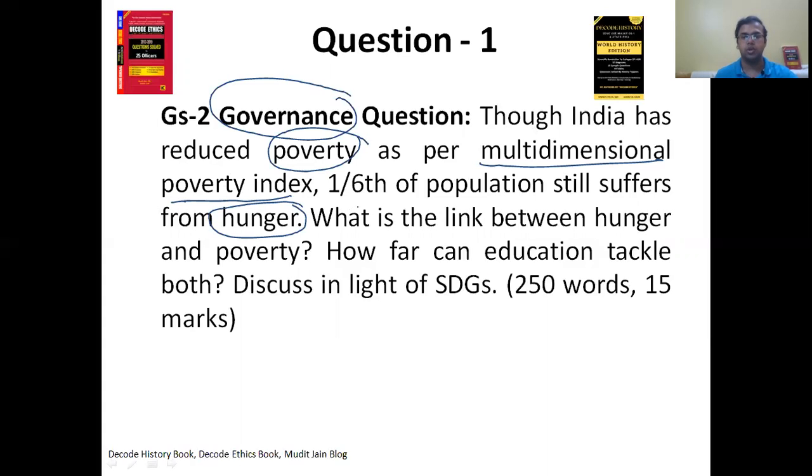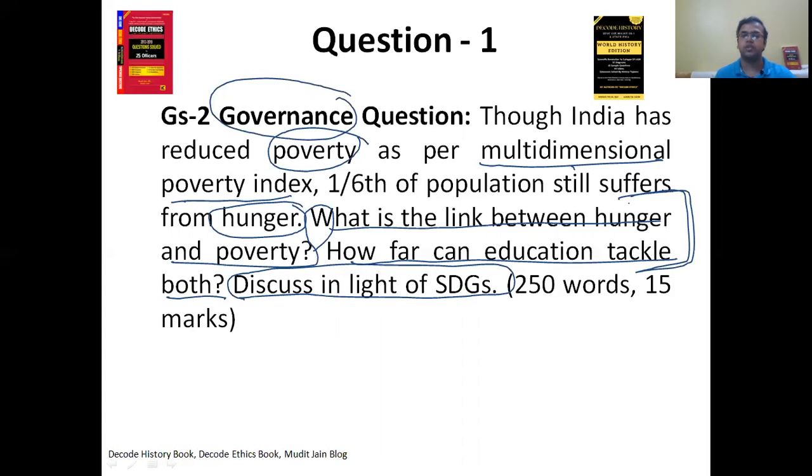This is the third keyword. What is the link between hunger and poverty? This is the question. How far can education tackle both? This is another question. Discuss in light of SDGs. So whatever you discuss in these 2 questions, you have to discuss in light of SDGs.